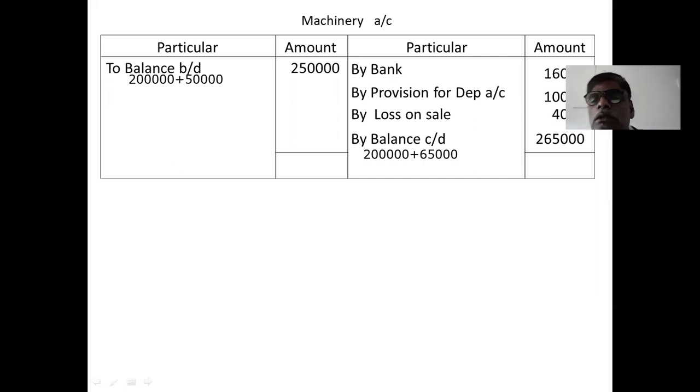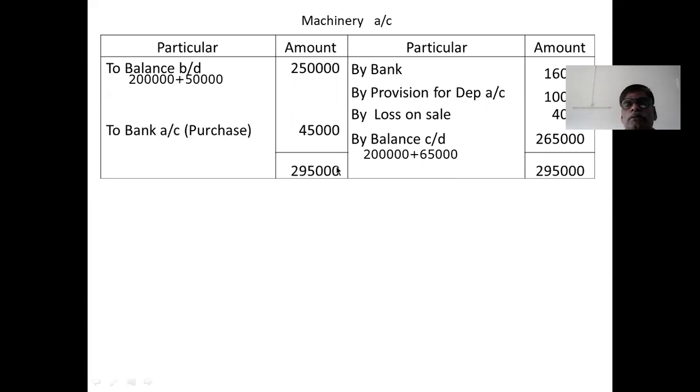So now the total is 30,000. 30,000 equals cost: 16,000 sale, 10,000 depreciation, 4,000 loss. In this way you have to show it. Okay, and thereafter you close the account and take the difference. Difference 45,000.